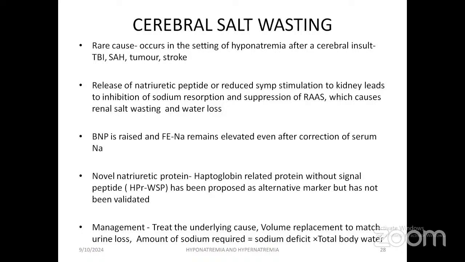A novel natriuretic protein, haptoglobin-related protein without signal peptide, has been proposed as an alternative marker but has not been validated yet. Management of cerebral salt wasting is treating the underlying cause and volume replacement to match the urine losses, and the amount of sodium required is sodium deficit into total body water.